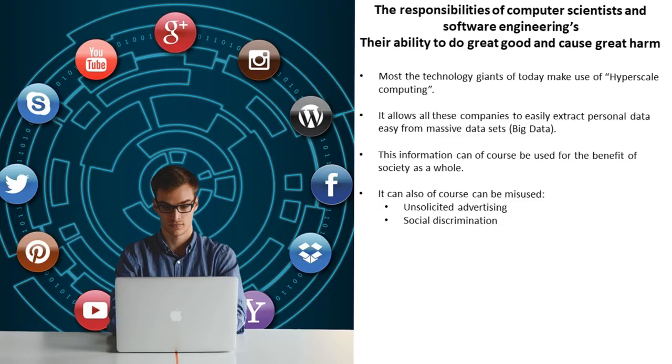This is something known as big data, and we're covering it in a later topic. The ability to easily extract personal information from data obviously can be used for the great benefit of society. It obviously, though, also has the potential to be misused. It can be used for unsolicited advertising, for social discrimination. And we're relying on the tech giants to use our data for the most part in an ethical and moral way.